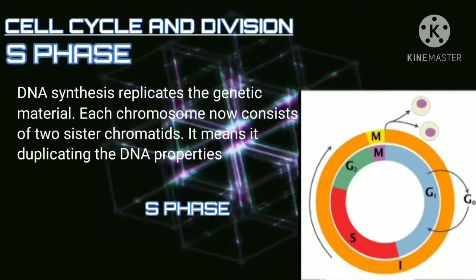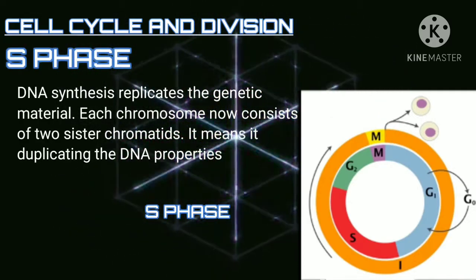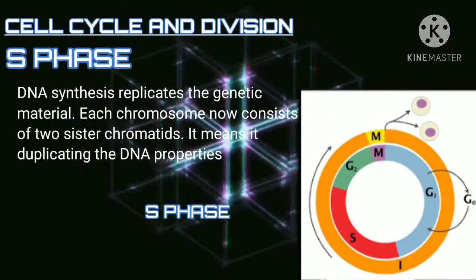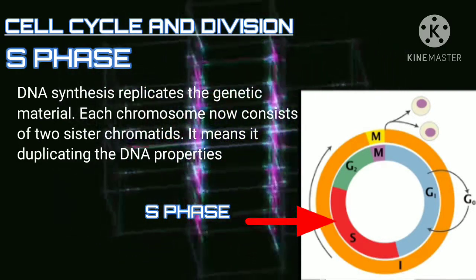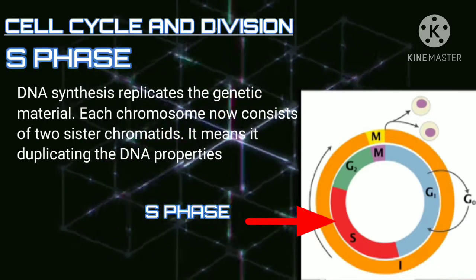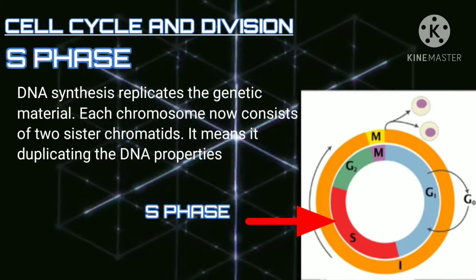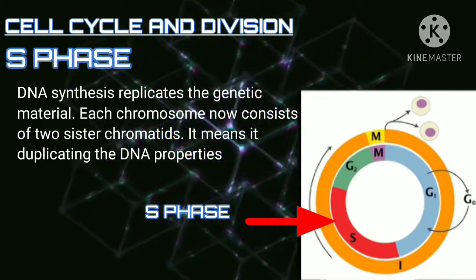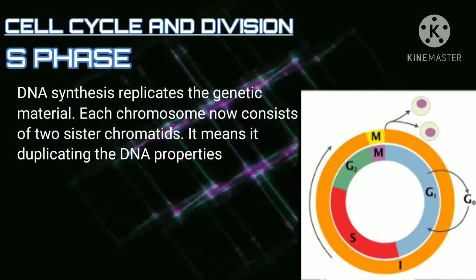Now, here in S phase, DNA synthesis replicates the genetic material. Each chromosome now consists of two sister chromatids. It means it is duplicating the DNA properties from the parent cell.